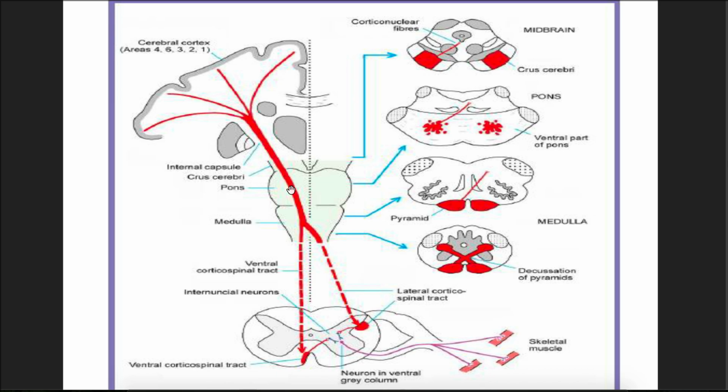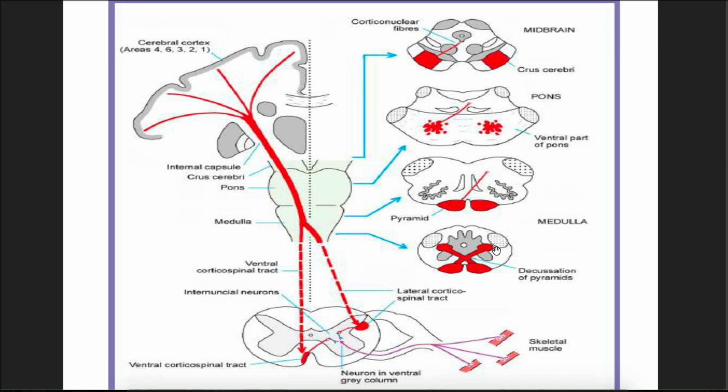Then in the pons, we call them transverse pontocerebellar fibers because they are broken up by the nuclei present in the pons. Then in the medulla, you can see in this picture, these are the pyramids. In these elevations, the corticospinal tract fibers come and form an elevation.